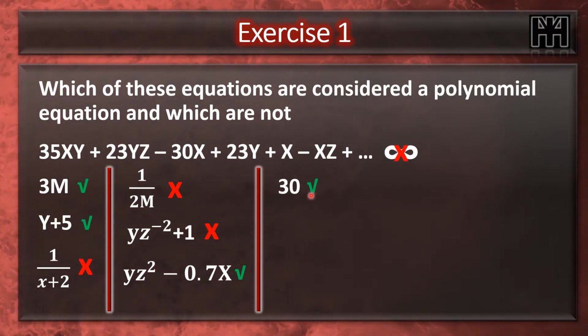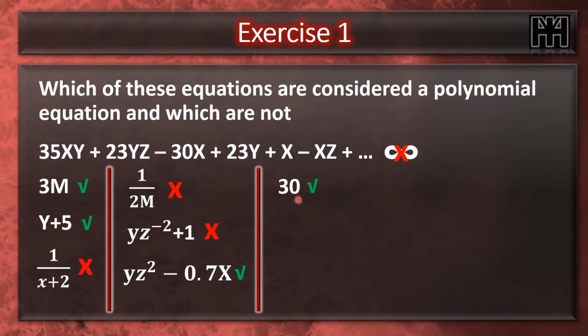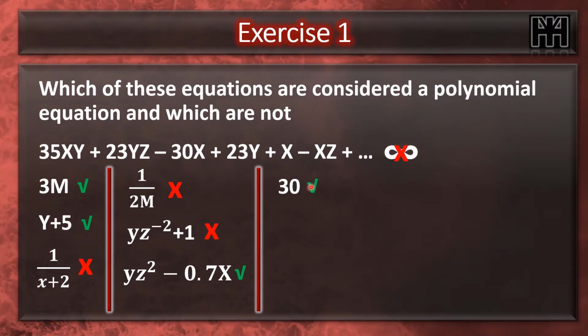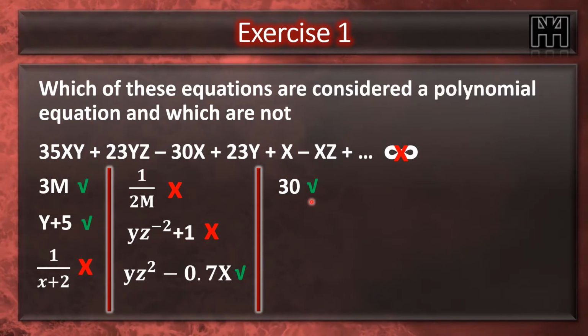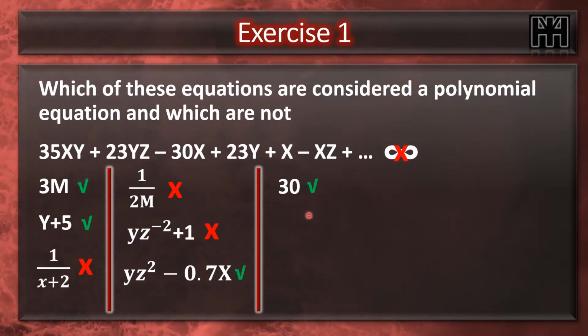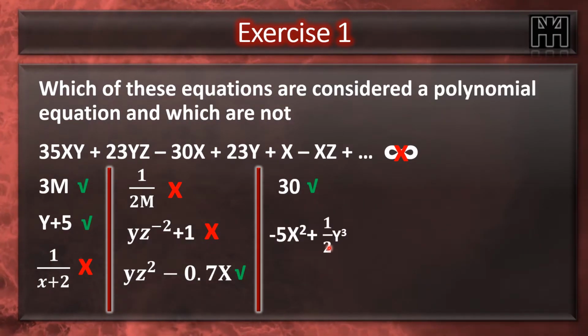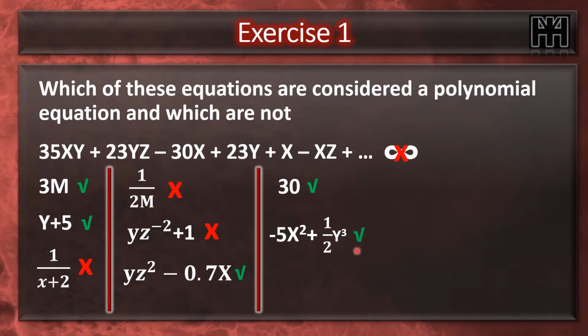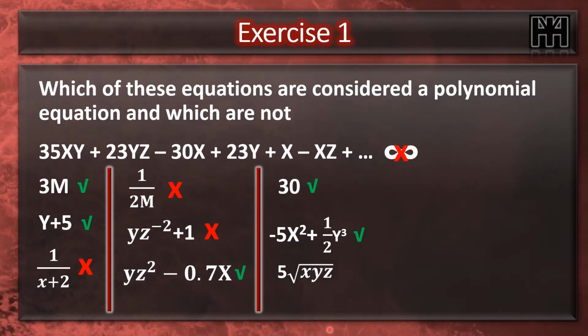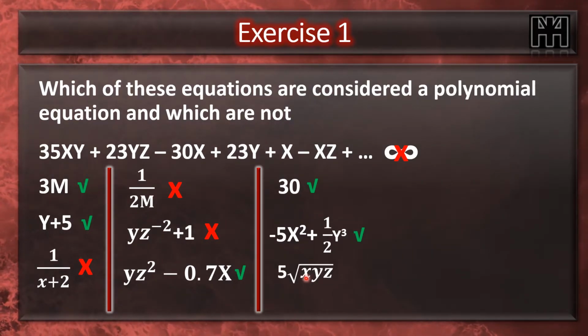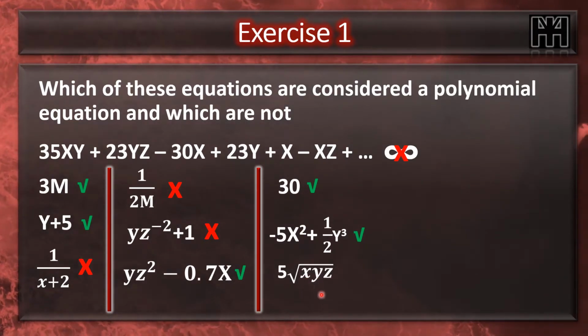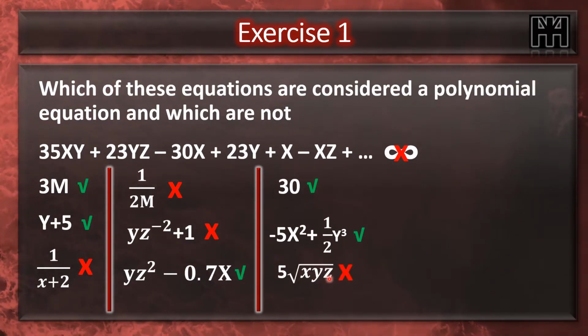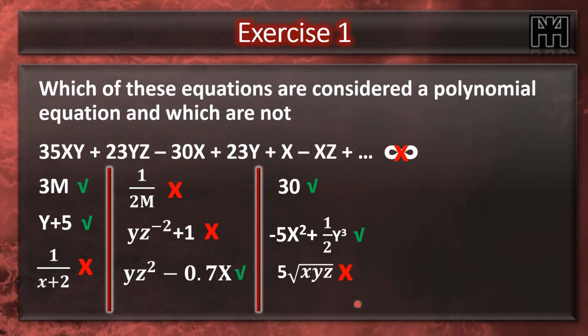30, okay, it's a constant number, it can be multiplied to x power 0, z power 0, anything, so it can be a polynomial, and it's considered a term also. -5x squared plus half y cubed, it's a polynomial. 5 root x y z has power of half, so it can't be a polynomial.